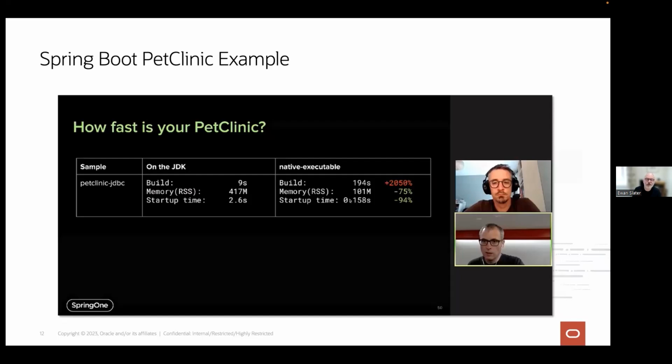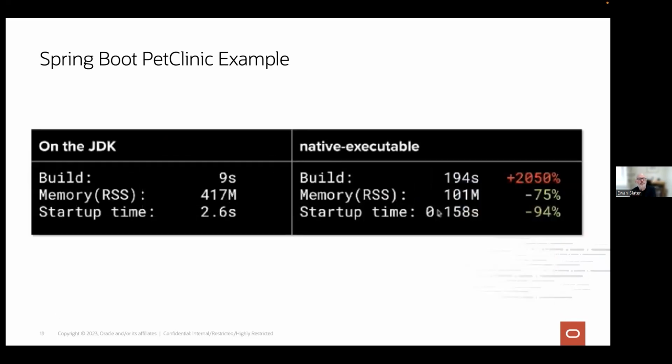As you can see, the build time for the native executable is considerably longer than the build time for just the JDK. But the memory consumption is 75% less, and the startup time is 94% quicker. So clearly that's a major saving in terms of the resource consumption and your startup time, with the trade-off of a longer compilation stage.